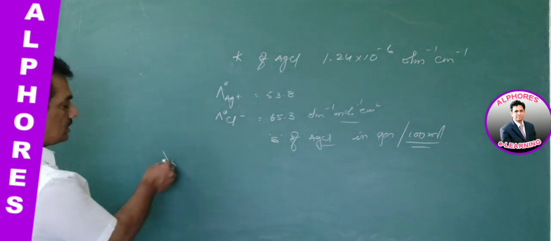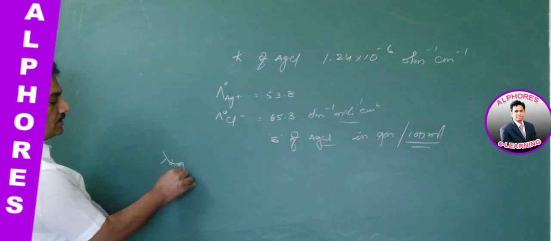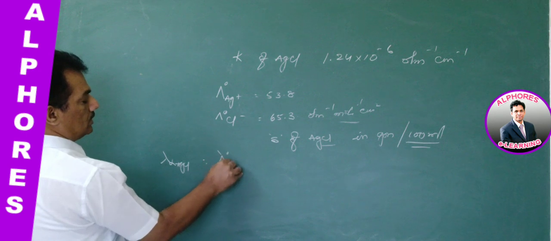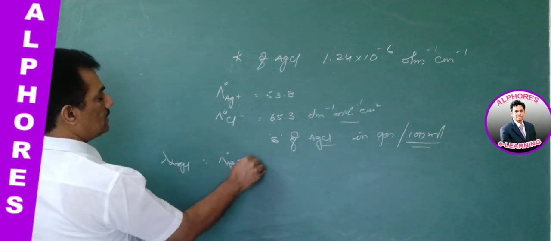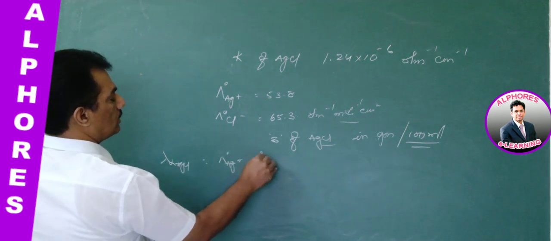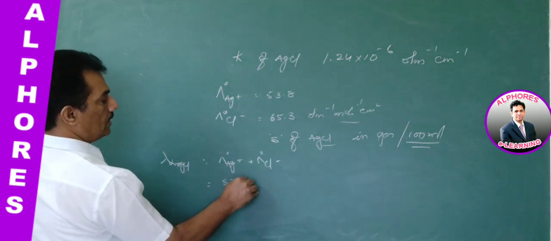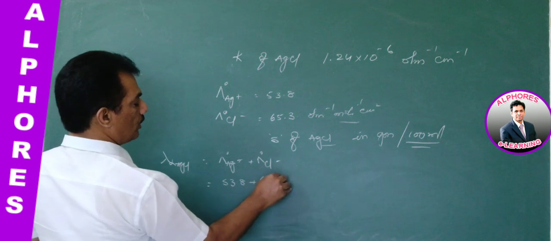So here first let us consider lambda infinite of AgCl, from lambda naught Ag+ plus lambda naught Cl-, that is 53.8 plus 65.3.